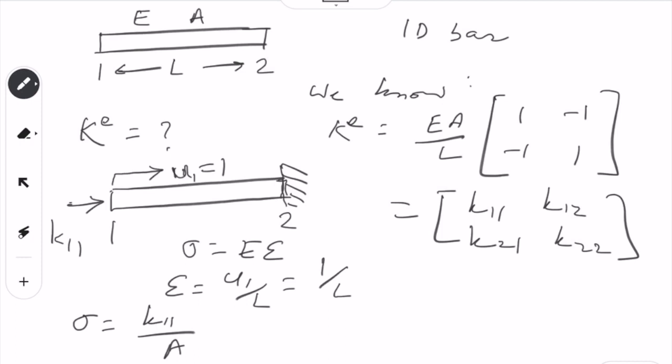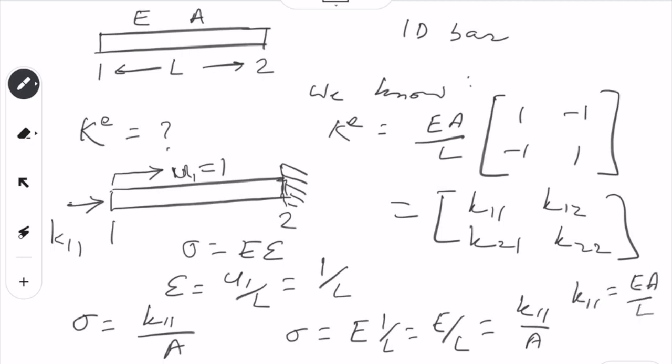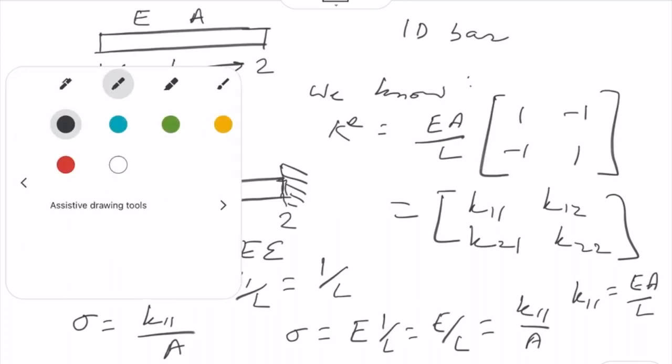We get sigma equal to E times epsilon, which is E over L, but sigma itself is K11 over A. So K11 over A is equal to E over L. That tells us K11 equals E times A divided by L. So simply K11 equals EA over L.